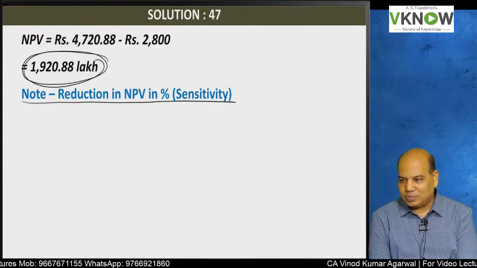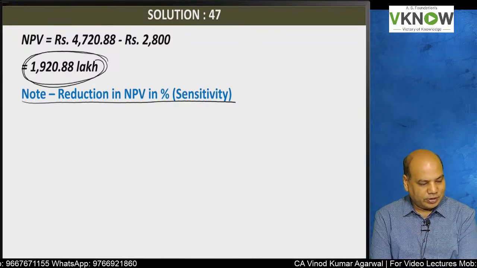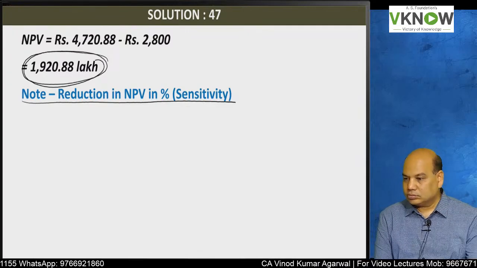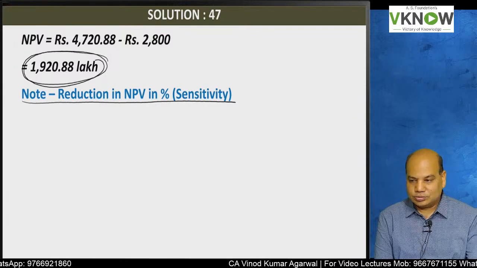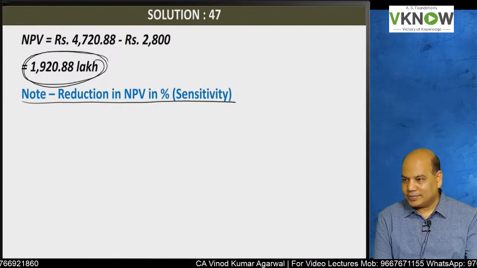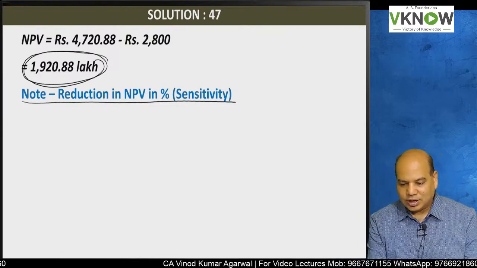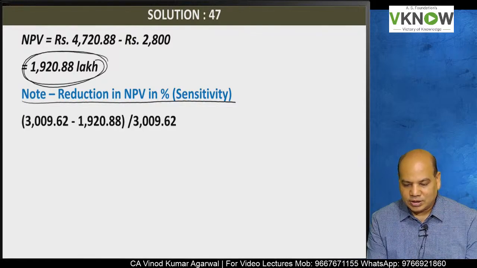Reduction in NPV in percentage. Previous answer was 3009.62. Now it is 1920.88. By what percentage has NPV declined?